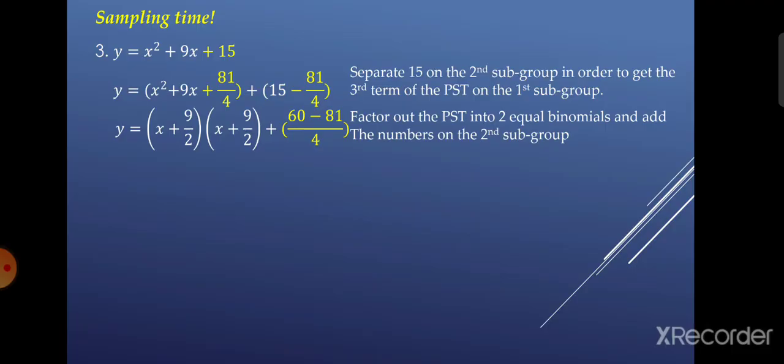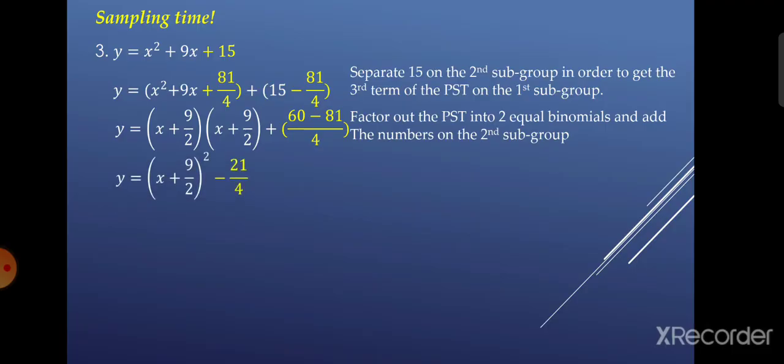Then copy the minus. 4 divided by 4 is 1, times 81 is 81. So we have 60 minus 81 over 4. Okay? If you want, you can write it on scratch paper.